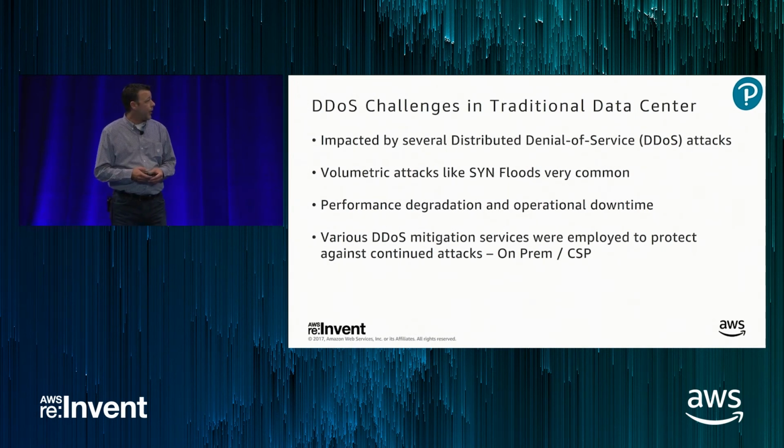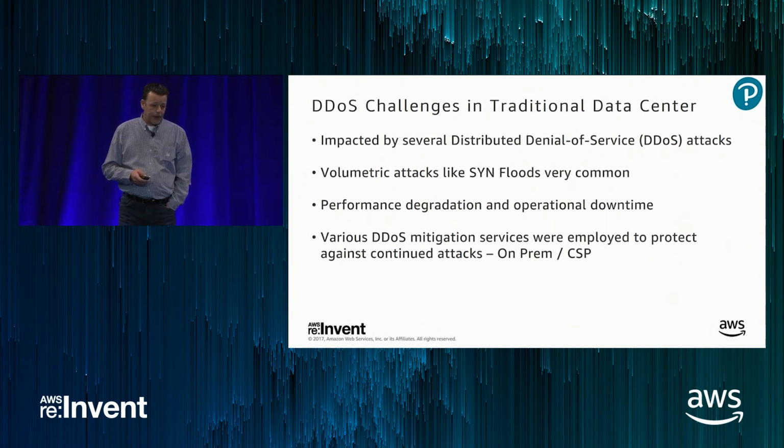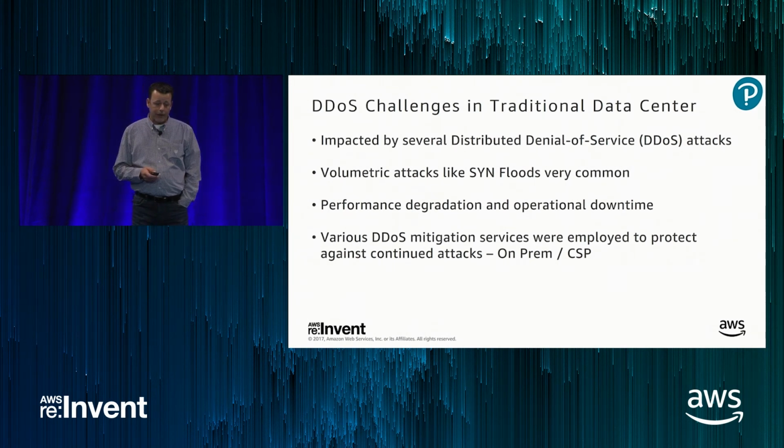Like most big enterprises, we were sitting in traditional data centers. 2015 was an interesting year. We had a number of DDoS attacks that impacted us on the data center front. We implemented a number of remediations for that.